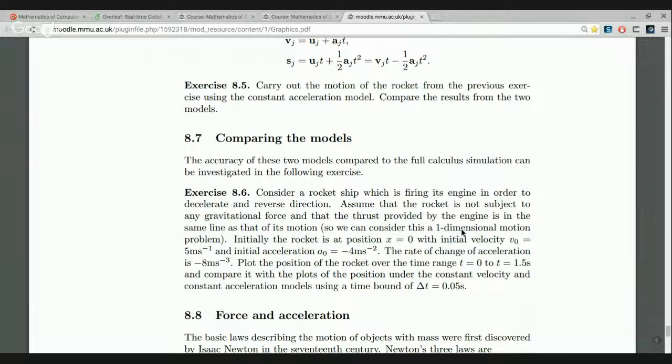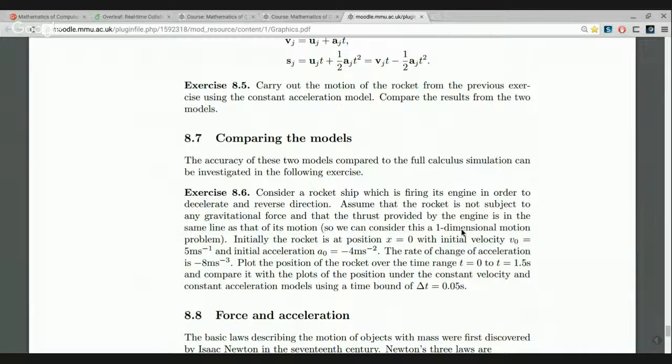We'll give ourselves some numbers for this. Really that just reduces to one-dimensional motion. It's moving in a certain direction with a certain velocity, decelerating down to a stop and then moving back in the opposite direction.